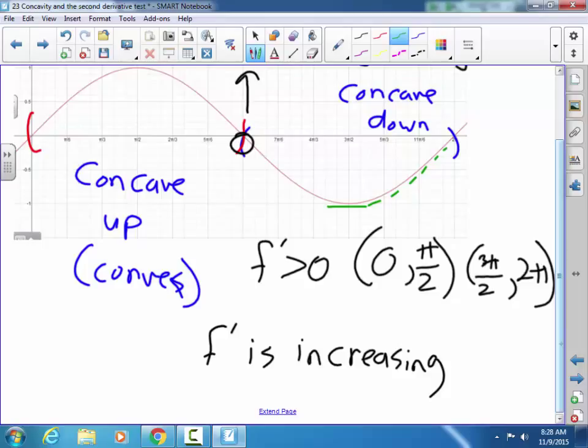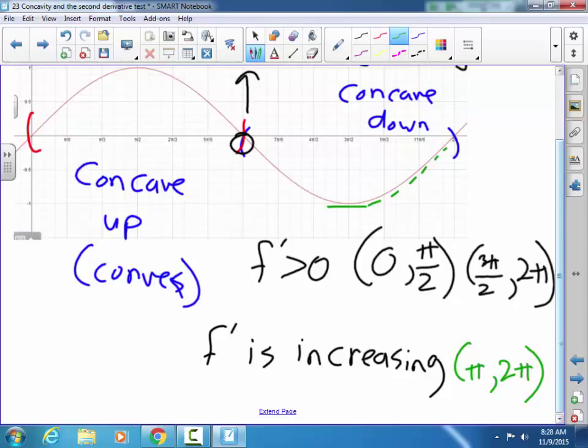Then somewhere in here it's -0.75, it's -0.5, it's -0.25. The slope is actually getting bigger all the time in there. So f prime is increasing from pi to 2 pi. Okay? So f prime is getting bigger all the way from pi all the way over here to 2 pi.